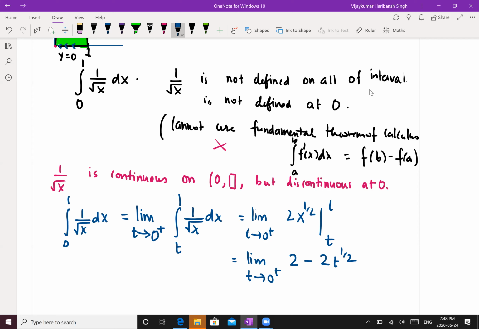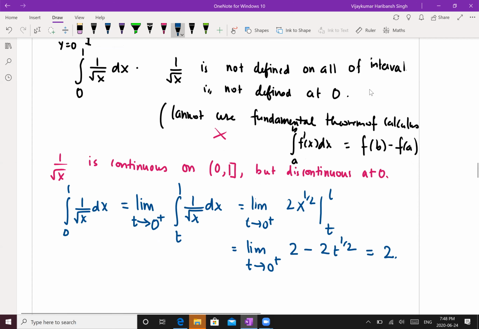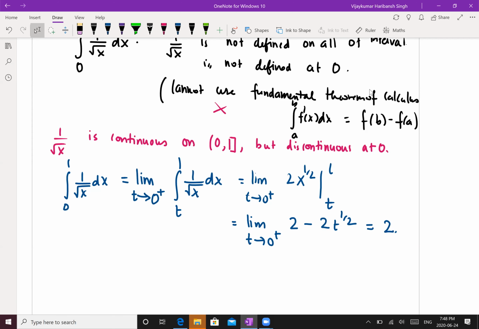Now as t goes to 0, this goes to 2. So we say that this limit is 2, or this integral value is 2. Here also we have the concept of convergence. This integral converges to 2.